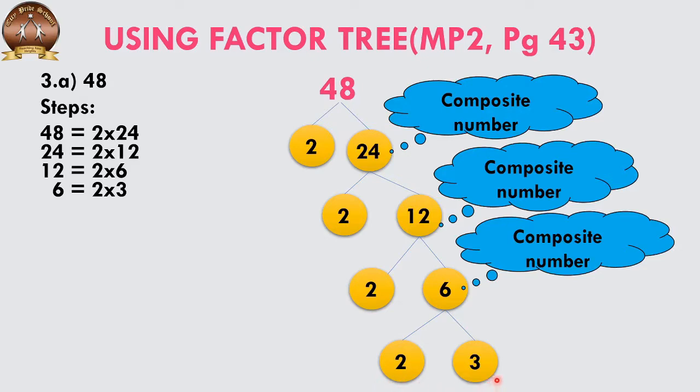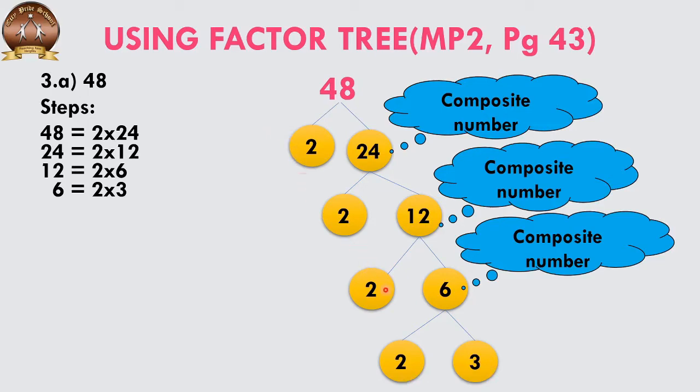We stop when all numbers are prime numbers and further they are not divisible by any other number. Like 48 can be written as 2 into 24, 24 can be further written as 2 into 12, 12 as 2 into 6, and 6 as 2 into 3. The numbers which are further divided, like 24, 12 and 6, are composite numbers, while on this side what we get are 2, 2, 2, then again a 2 and then a 3.